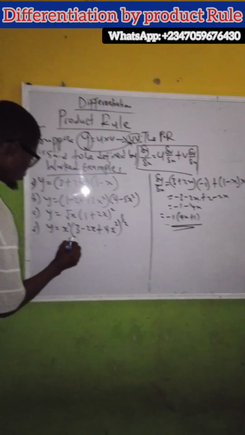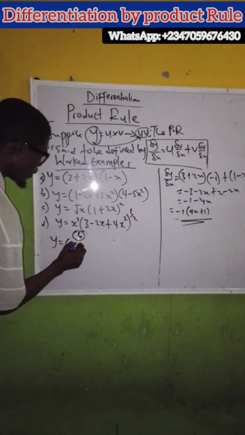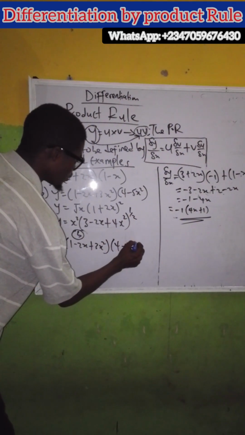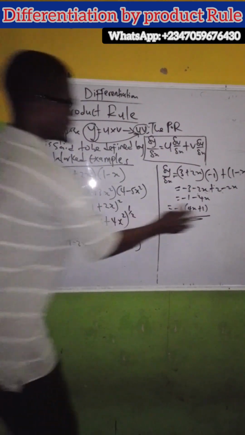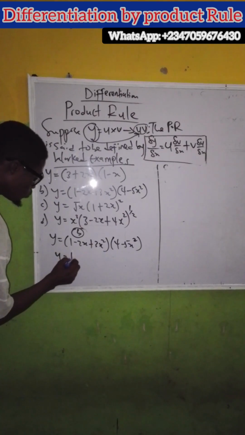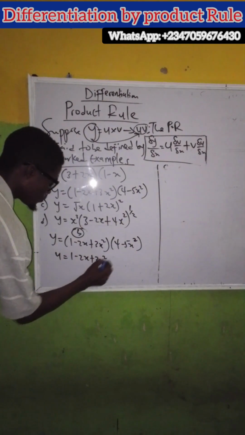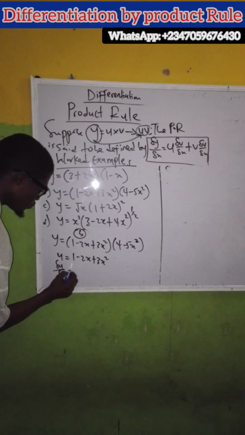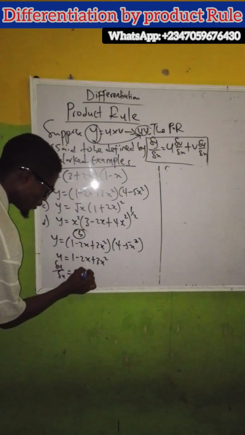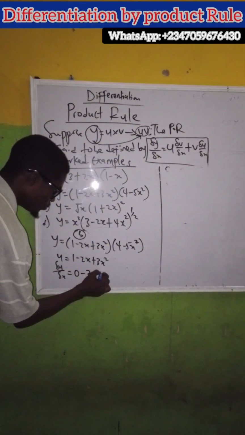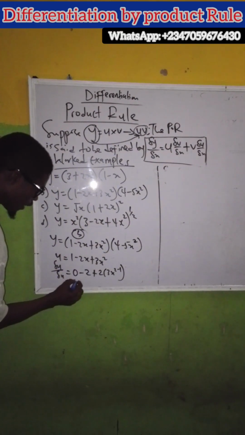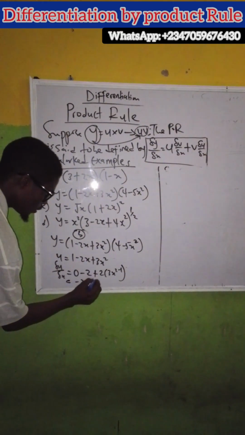Now the next question goes this way: y equals 1 minus 2x plus 3x squared, and 4 minus 5x squared. Our u is the first bracket, that's u equals 1 minus 2x plus 3x squared. So our du over dx equals what? If you differentiate a number, that's 0. Minus, if you differentiate 2x, that's 2, plus this one is 2 into 3x raised to power 2 minus 1, general rule according to the first video, that's minus 2 plus 6x.